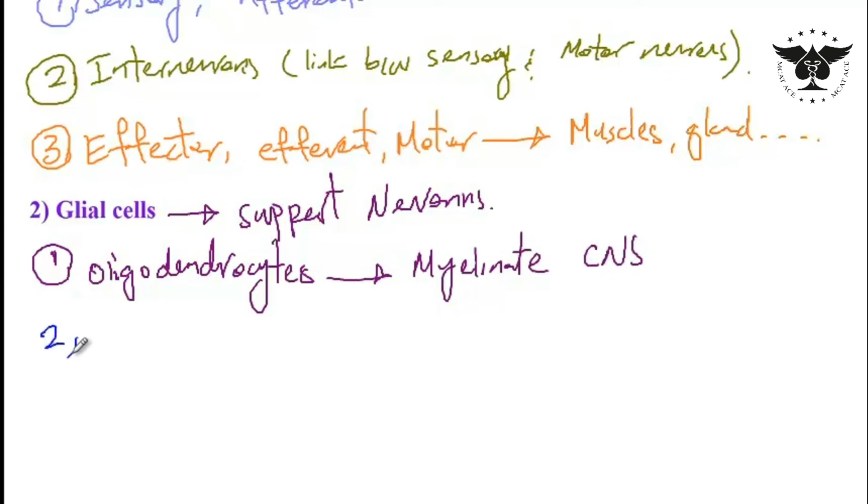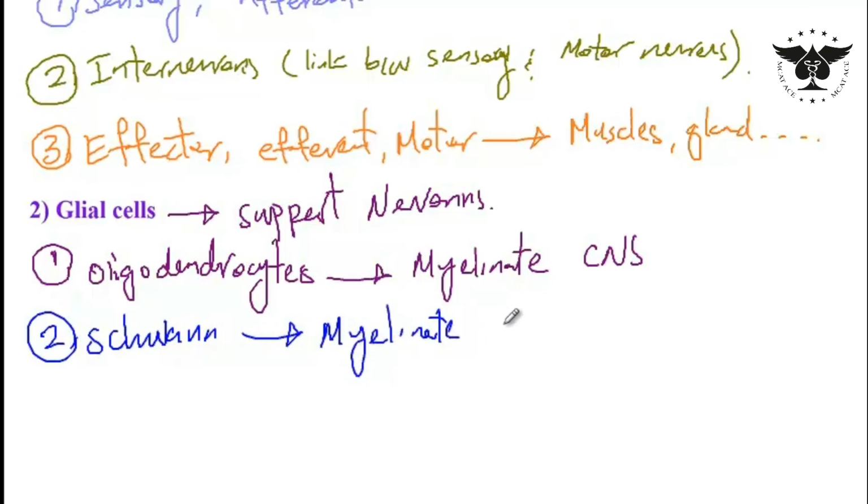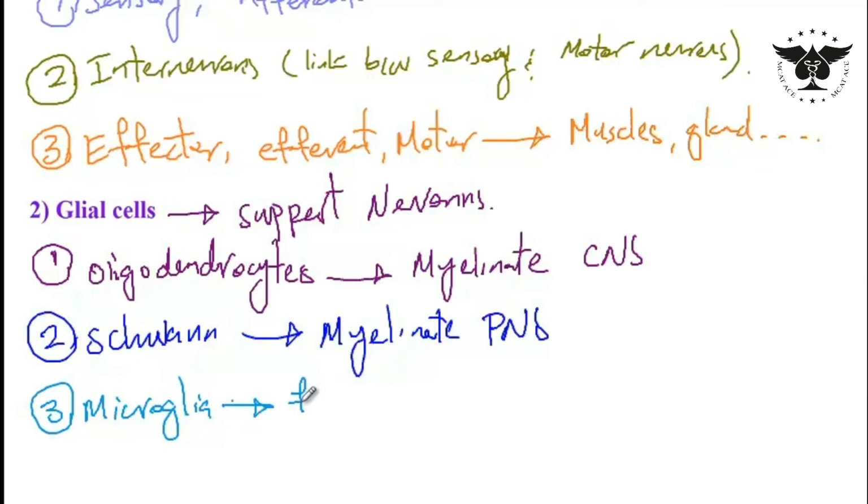And two is the Schwann cells, which would again myelinate neurons, but basically it will focus on neurons that are in the peripheral nervous system. The other type of glial cells include microglia, which are basically phagocytic cells that will ingest and break down different debris as well as pathogens. So it will help fight pathogens.